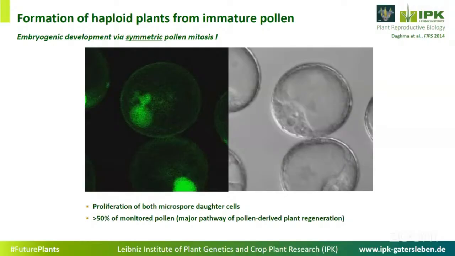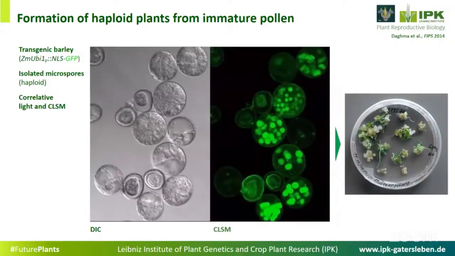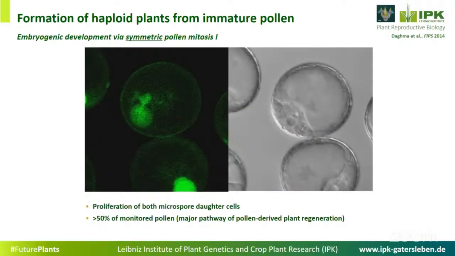If you remember, I told you the first pollen mitosis gives rise to two different cells, the generative cell and the vegetative cell. And according to these culture conditions, a big fraction of these pollen grains do not produce these two types of cells. They just divide symmetrically, giving rise to two same cell types. And of course, you need to look carefully.